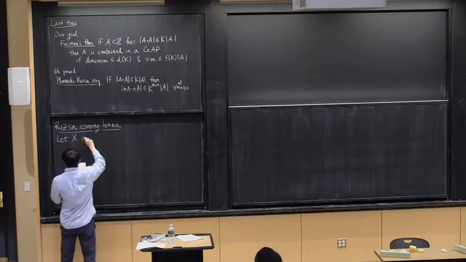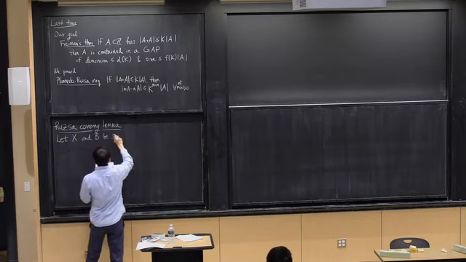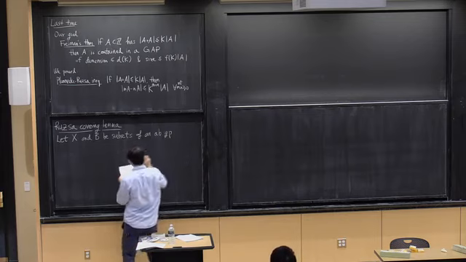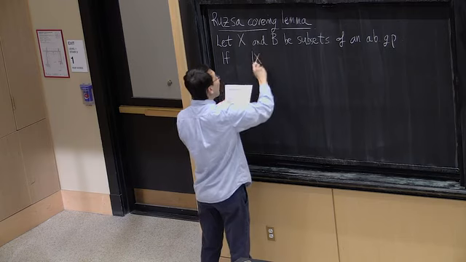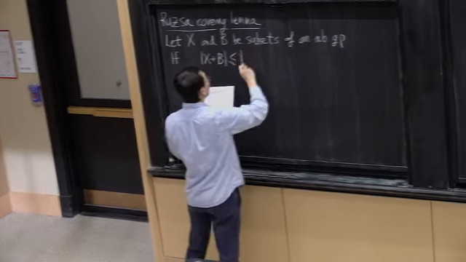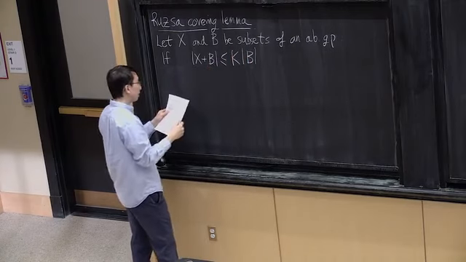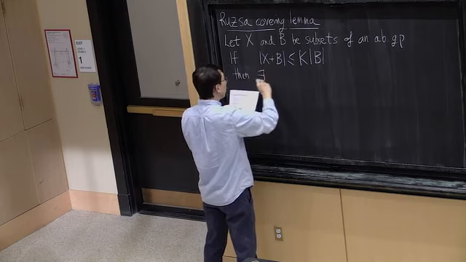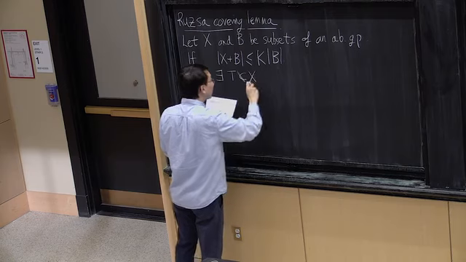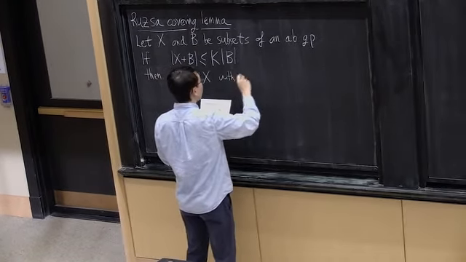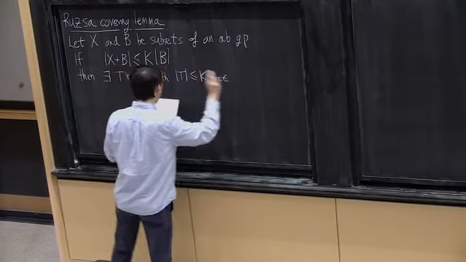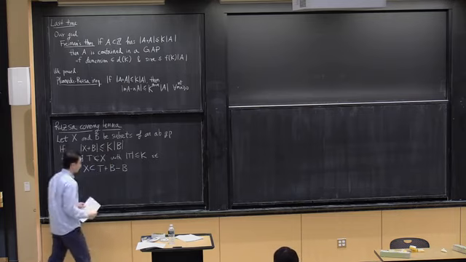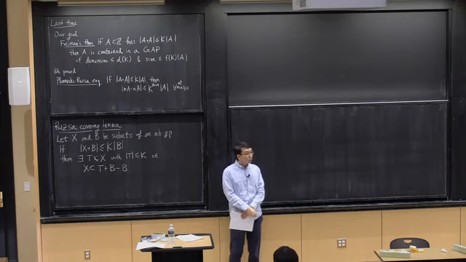If you have X and B, subsets of some arbitrary abelian group, and the size of X plus B is at most K times the size of B, then there exists some subset T of X with the size of T being at most K, such that X is contained in T plus B minus B. So that's the statement of the Ruzsa covering lemma.